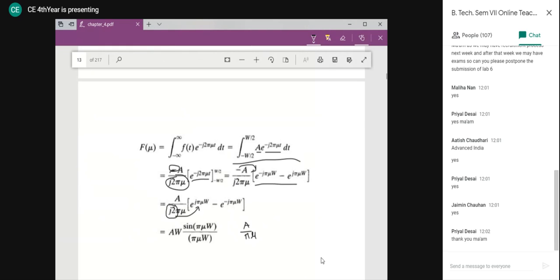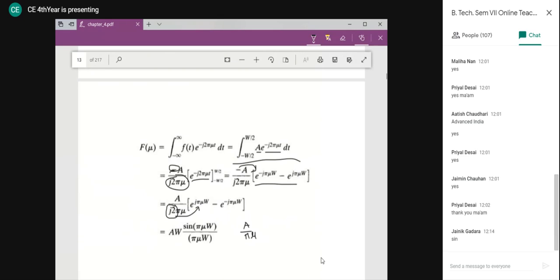Are you following the point? Yes, it will be a sine term, because it is e raised to x minus e raised to minus x divided by 2j. It is e raised to j theta minus e raised to minus j theta divided by 2j, so theta here is pi mu w. So it will be sine pi mu w.